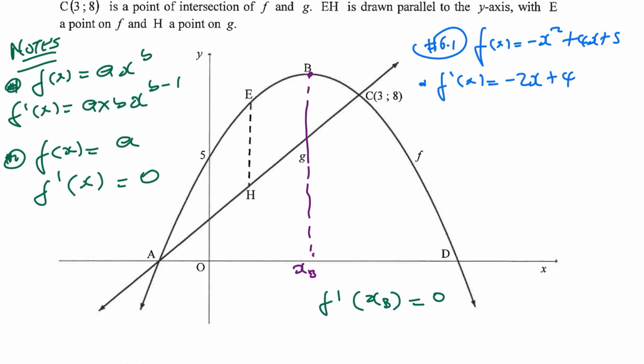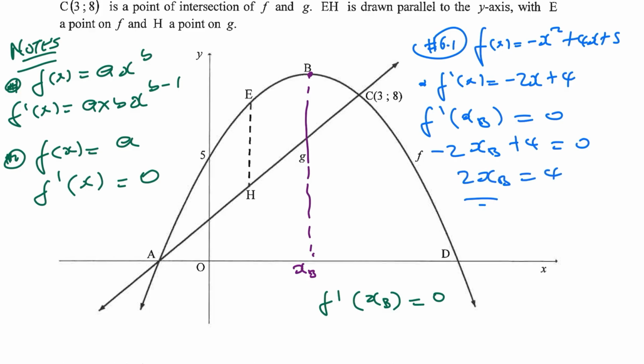And then to get x_B, you have to equate it to 0. So you have negative 2x_B plus 4 equals 0, okay? So when you take 2x_B to the right-hand side, you have 2x_B equals 4, and divide by 2 on both sides. So x_B is equal to what? 2. So this is equal to 2.